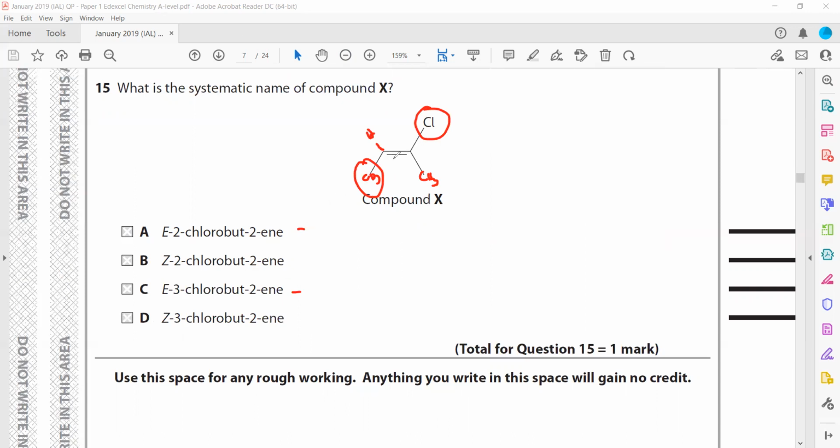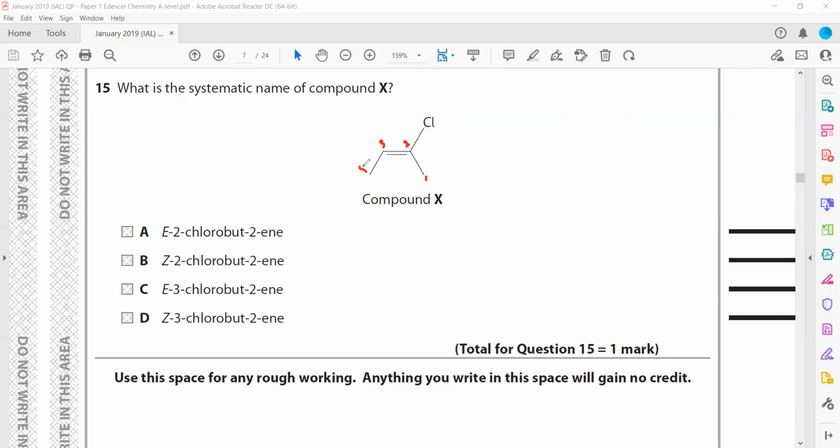And then how to name the compound? We start the numbering from the nearest double bond. So 1, 2, 3, 4. If I count from here, at the second position I have a double bond and a branch. But if I count from here, 1, 2, 3, 4, at the second position I have a double bond, and at the third position I have a branch. So which numbering should I follow? First we check the double bond, but both ways the double bond is at the second carbon, so the second priority is the branch.